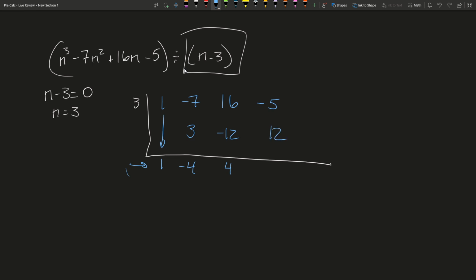Negative 5 plus 12 is 7. So this last value will always be your remainder, and your answer will have these as coefficients. In this case, our answer is n squared minus 4n plus 4, and then plus 7 over n minus 3.